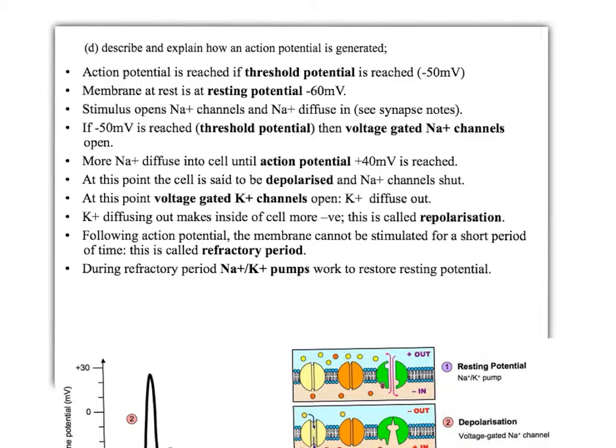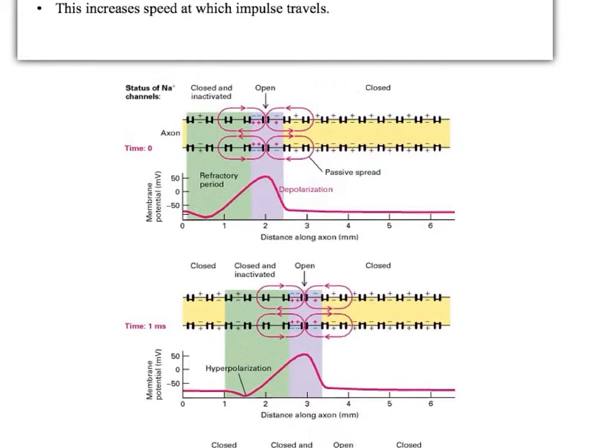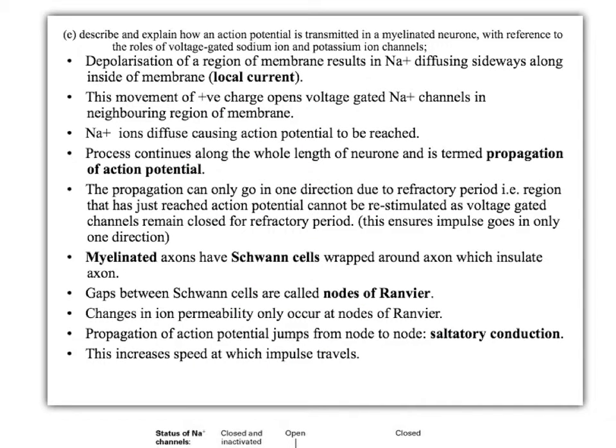So moving to the next slide, the third slide here deals with how the action potential is transmitted along the length of an axon.